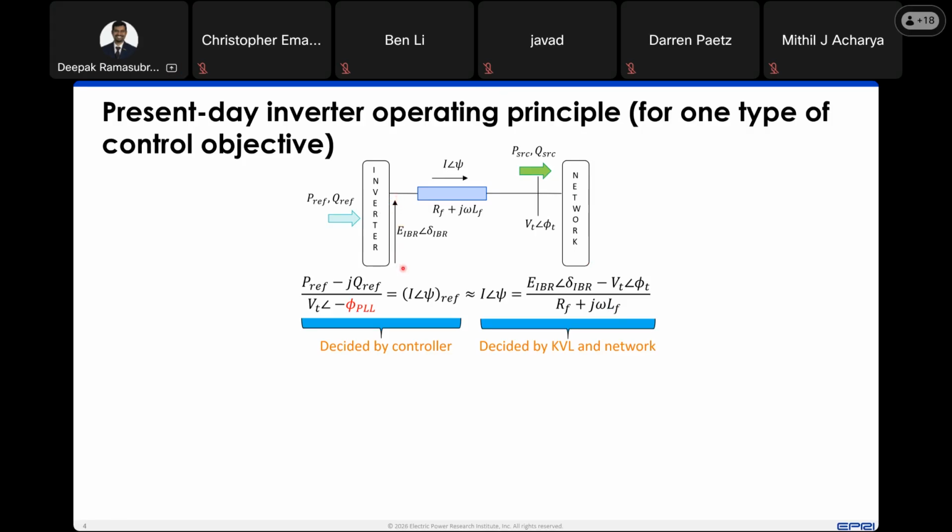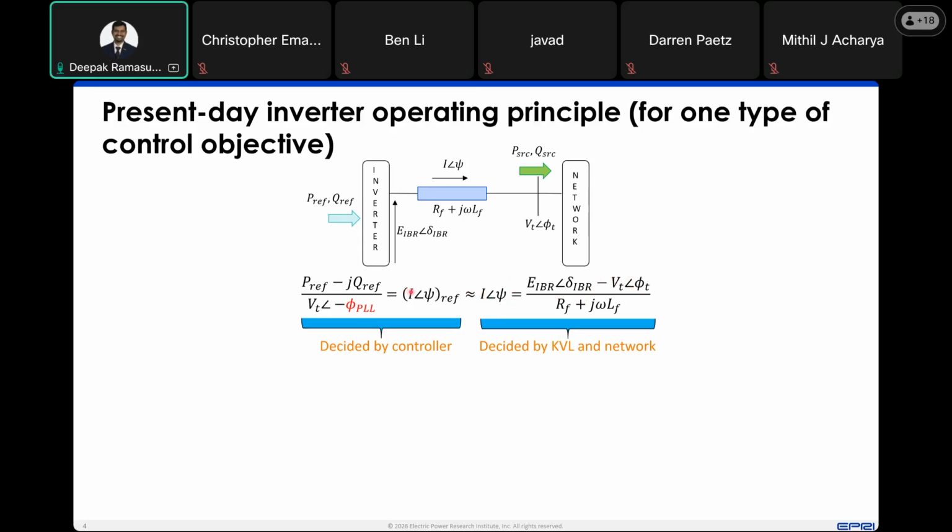It develops an internal AC voltage, and the current coming out of the inverter across the filters is based upon the voltage difference between the developed voltage and the terminal voltage. This voltage difference results in the actual flow of current out of the inverter. So if a disturbance happens on the network, the terminal voltage will change, and that will govern how the current comes out from the inverter.